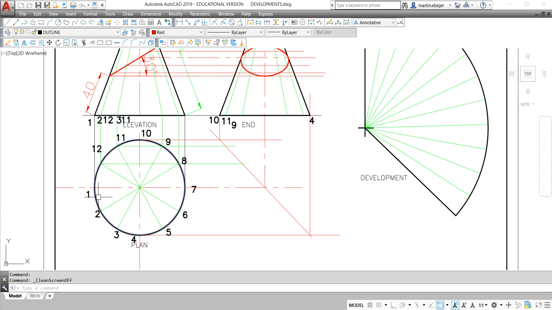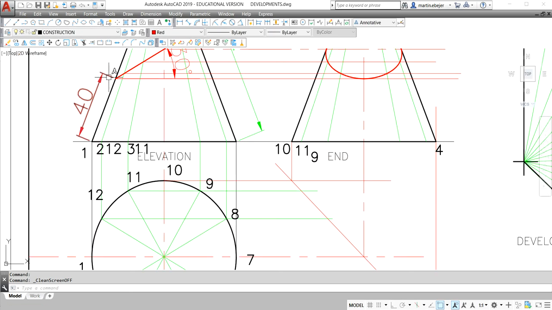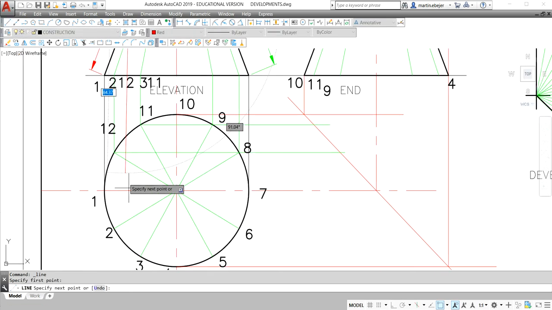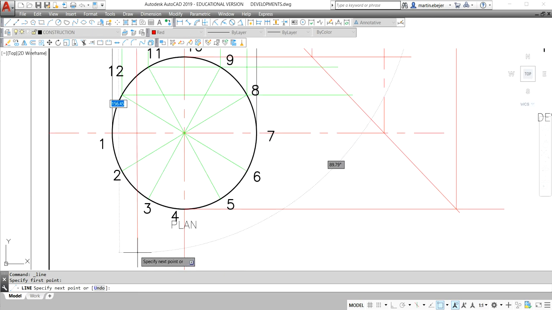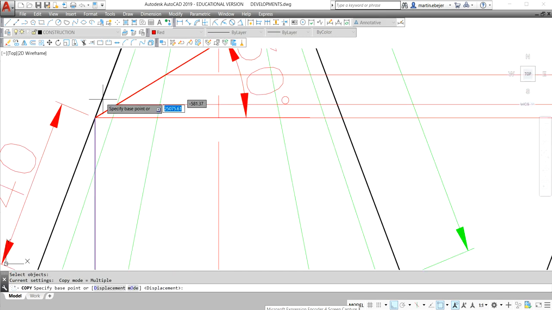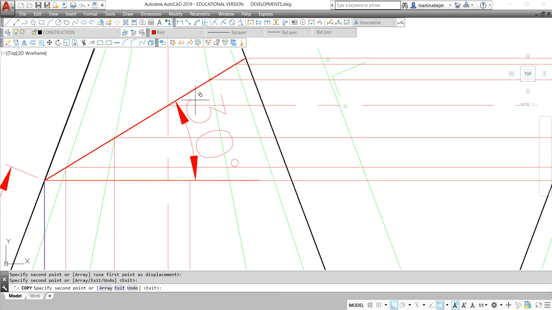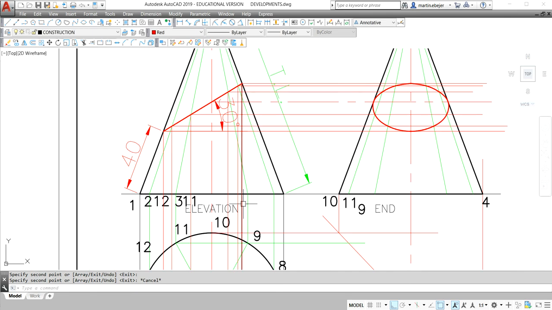Alright, to do the plan with construction line from each and every point, I'm going down. For now, you can just draw construction lines. Make sure the construction lines you project them from each and every point that you projected the end view.